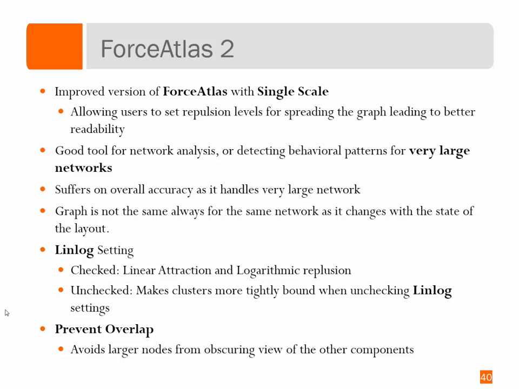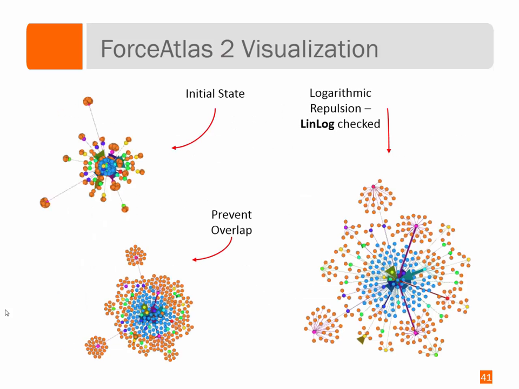You may have experienced this before where you had particular circles or nodes in the same location, and one of them is blocking seeing the other. Well, prevent overlap is a configuration that we can choose to prevent any node from covering up another node. So here is a visualization of a Force Atlas 2.